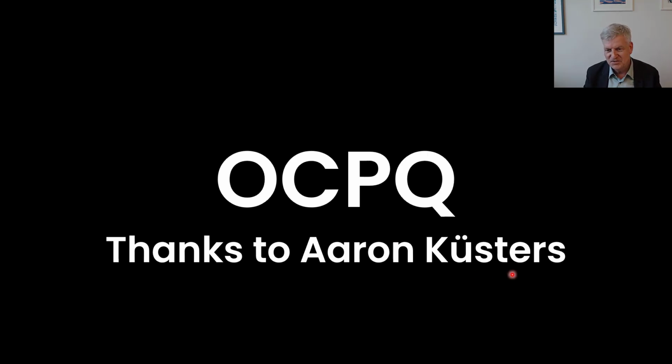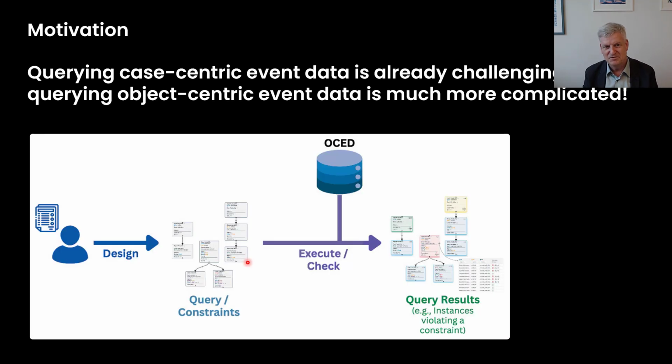Aaron Küsters started working on this in his master thesis. He's now doing a PhD, and developed a tool and approach, a language you could say, which is called Object-Centric Process Querying. I think it's a beautiful approach that is more understandable than existing approaches, and it's also much faster than existing approaches.